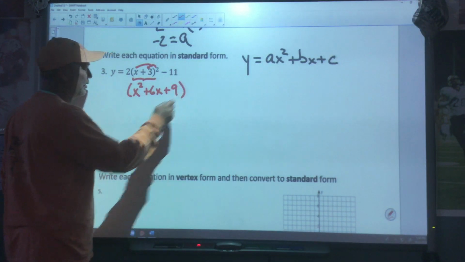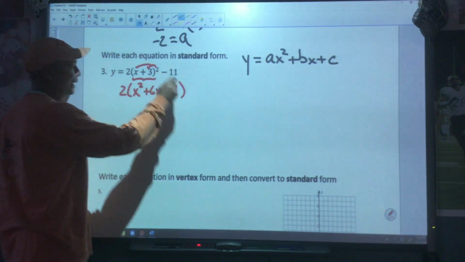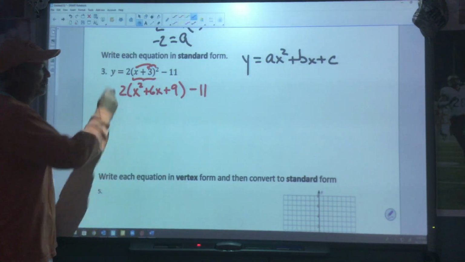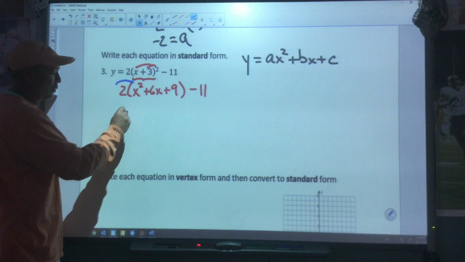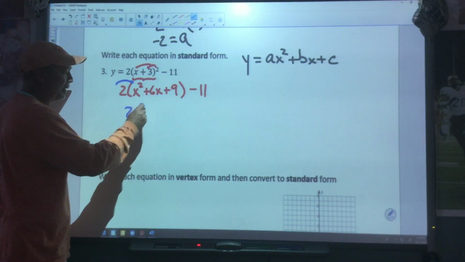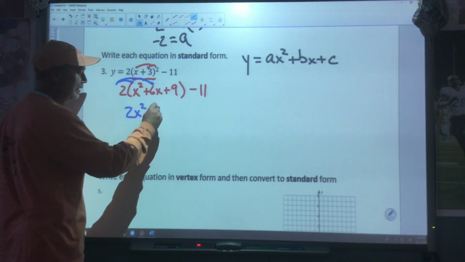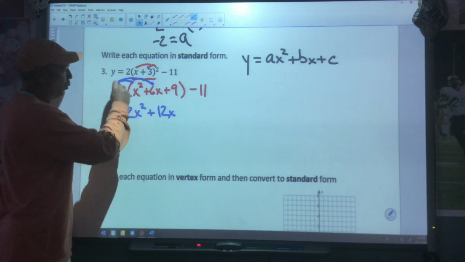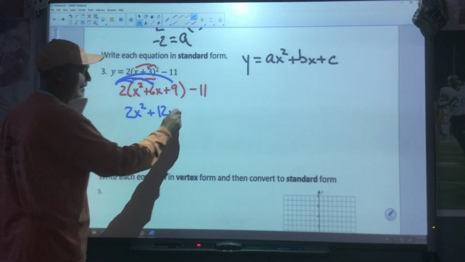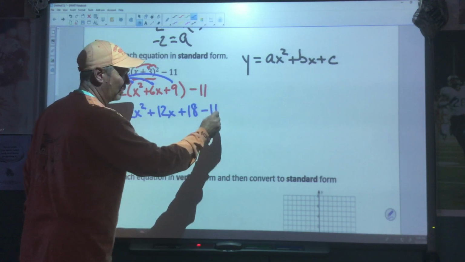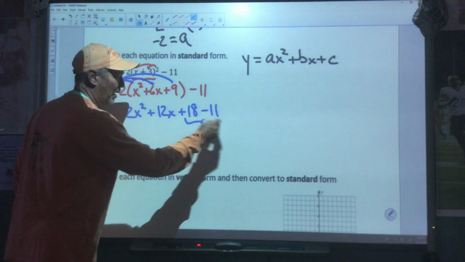Bring down your parentheses, bring down your 2, bring down your minus 11. We're going to distribute. 2 times x squared is 2x squared. 2 times 6x is a positive 12x. 2 times 9 is 18. And then we have our minus 11 at the back end that we will combine.